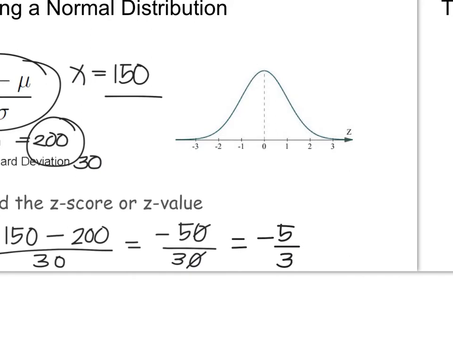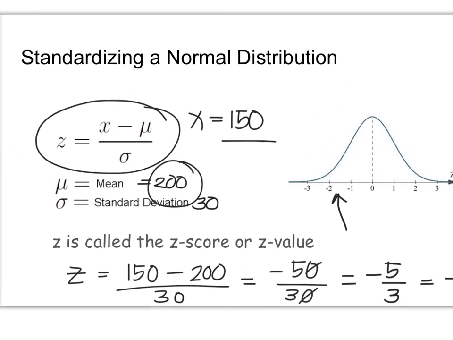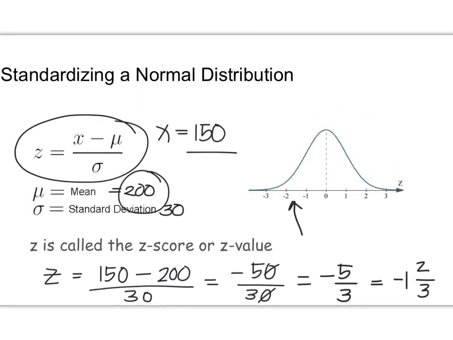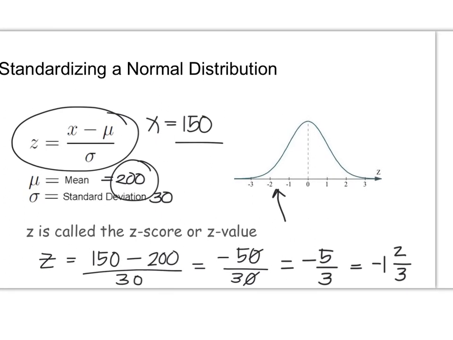So how do we see this now in the graph? Well, -5 over 3 is -1 and 2 over 3, so it's a number in between -1 and -2. Again, how is the normal distribution translated into a standard normal distribution? The mean now is 0.